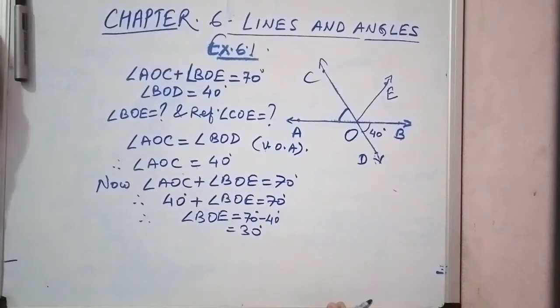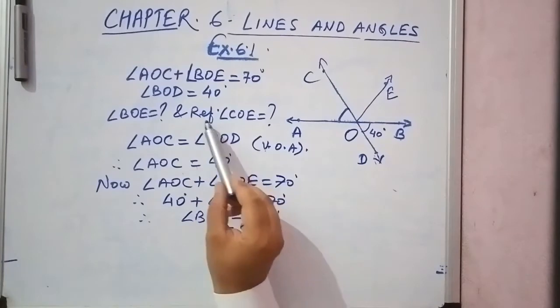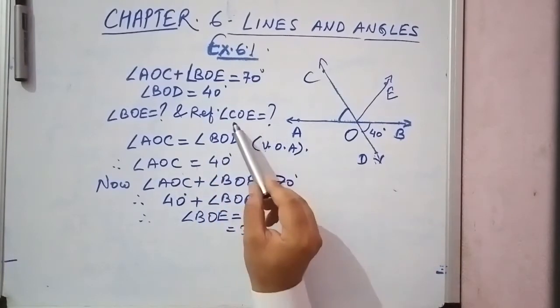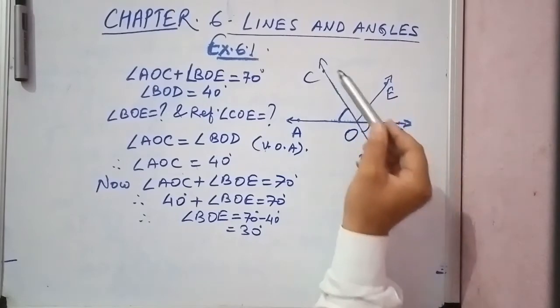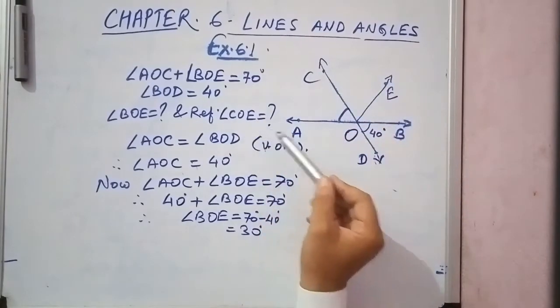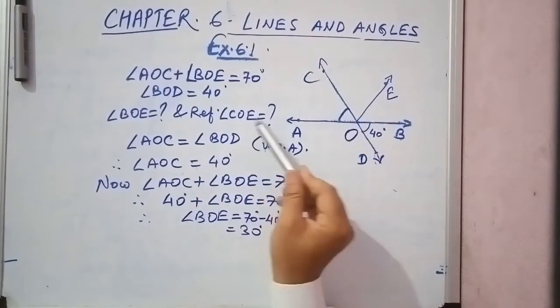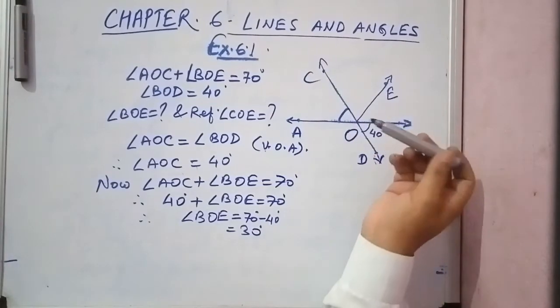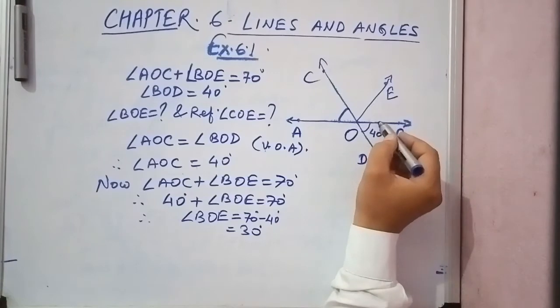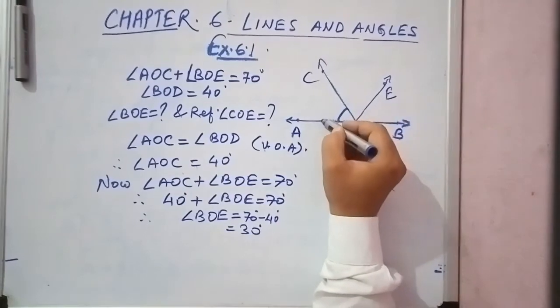Now we have to find reflex COE. So first we have to find angle COE. Then for reflex COE we subtract this angle from 360 degrees. Here this is a straight angle.